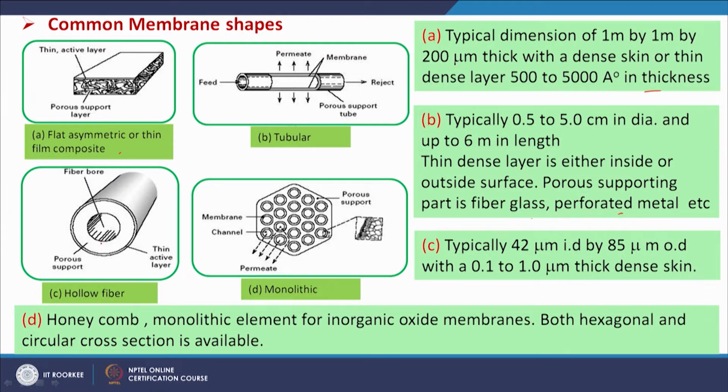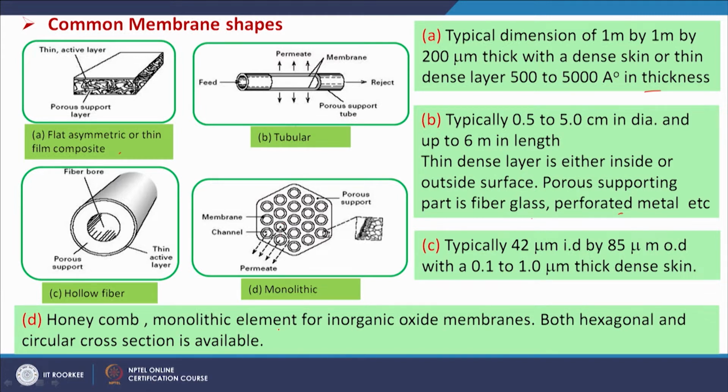The hollow fiber and tubular basically differ in dimension also, and then monolithic type shapes are also available, and these are basically for inorganic oxide membranes. So, this is the honeycomb we see here.